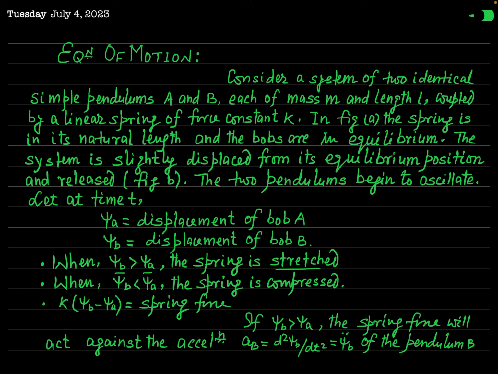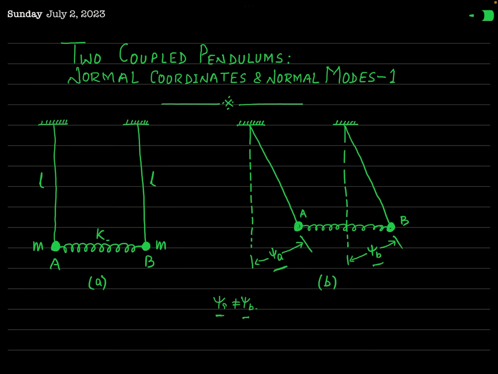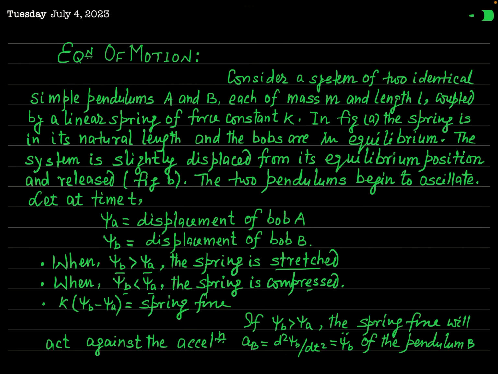But if psi b is less than psi a, then the spring will be compressed, because the displacements of both bobs are in the same direction, rightward. So if psi b is greater than psi a, the spring gets stretched, but if psi a is greater than psi b, the spring gets compressed. Both may happen, but here we are considering that psi b is greater than psi a.